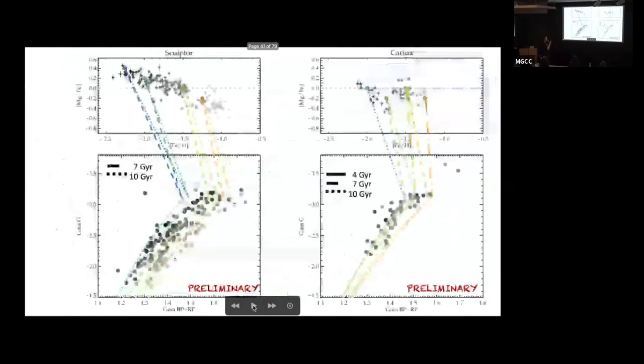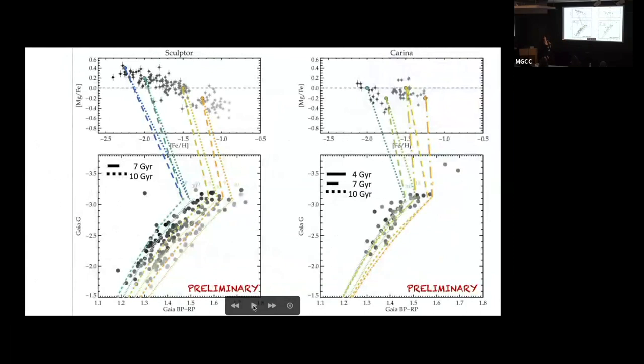And the last thing, and this is my red string diagram, literally, is that you can't fit the ages. So these are the dwarf spheroidals, Sculptor and Carina. You can't put an isochrone down when you have alpha and iron evolving at the same time. They do not trace one-to-one with age or with metallicity.